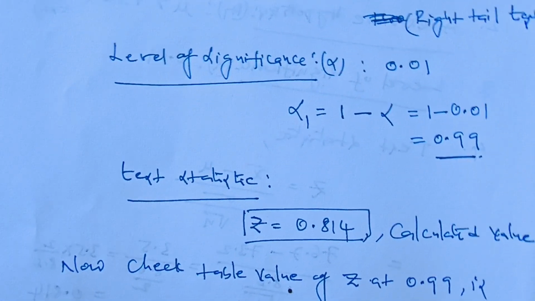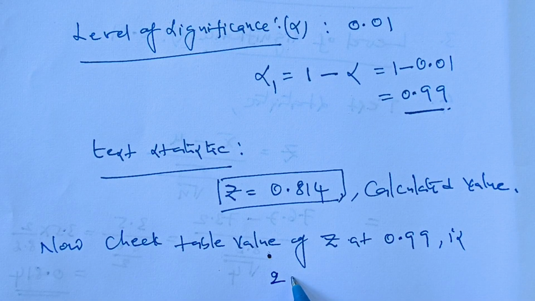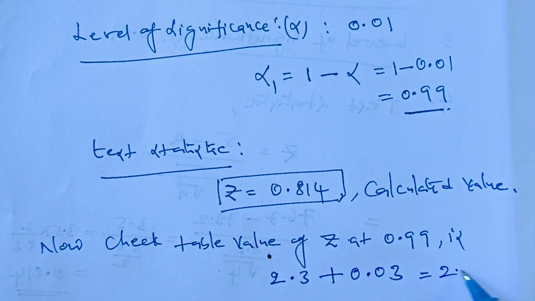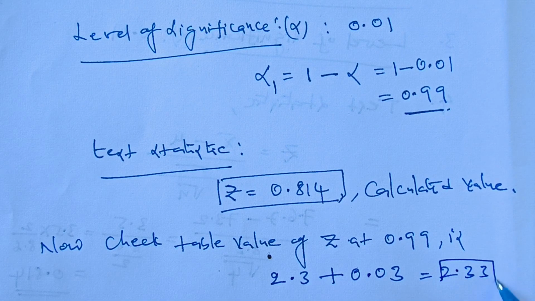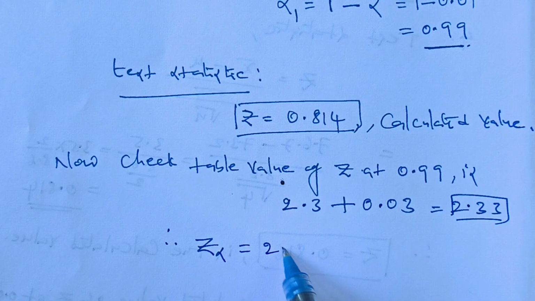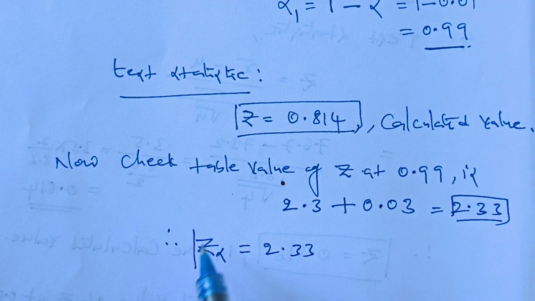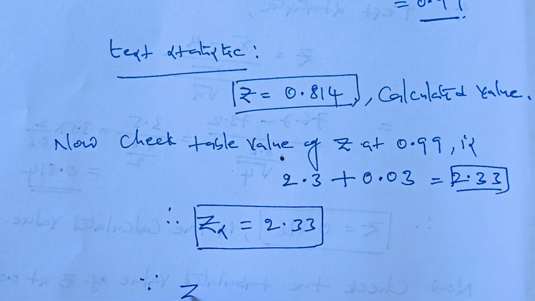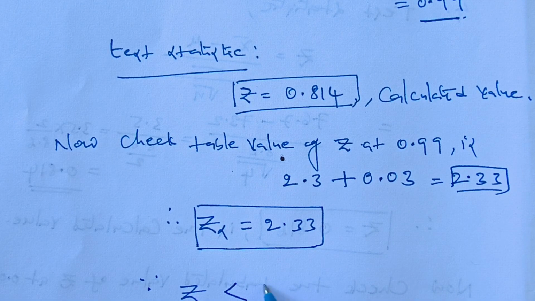So 2.3 plus 0.03 equals 2.33. Here, by using the same process as above, z alpha, the tabular value, is 2.33.